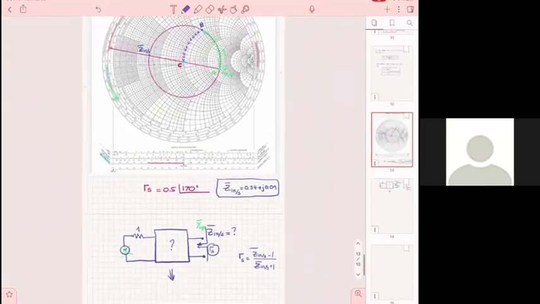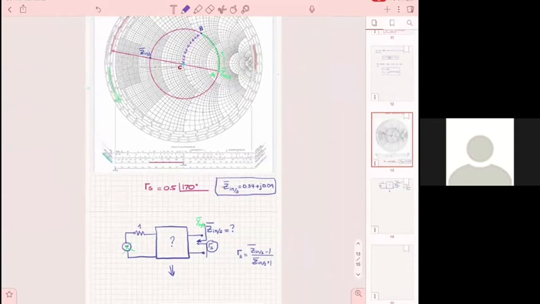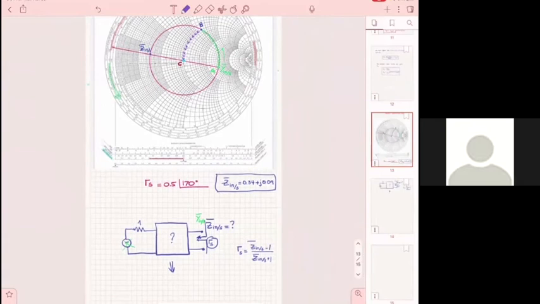So what does that really mean in terms of my matching network? That means that I start from A and I go to B. And since I'm going like that, what does it mean that I'm going along the red circle?